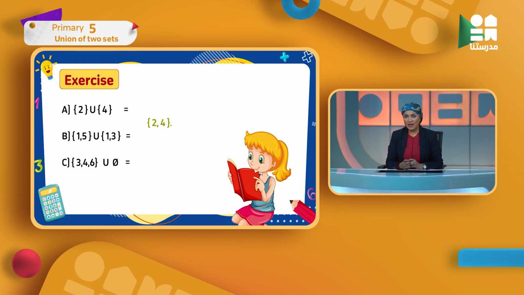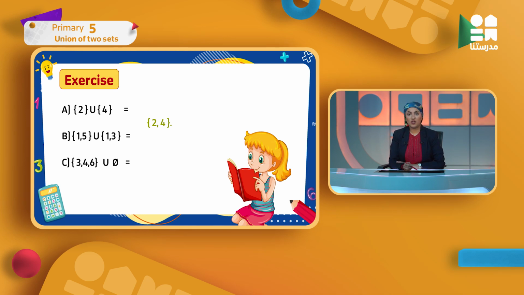Now in this question, if I had asked for the intersection, do these two sets have a common element between them? Do they meet in any of the elements? As we can see, the two sets are totally different. So in this case they are disjoint sets, and the intersection between them would be phi.